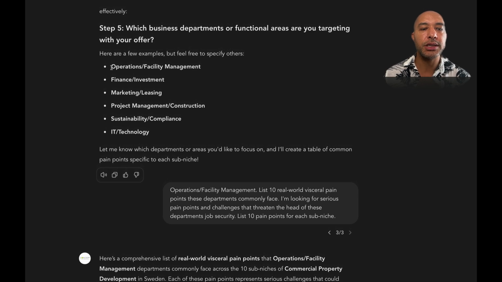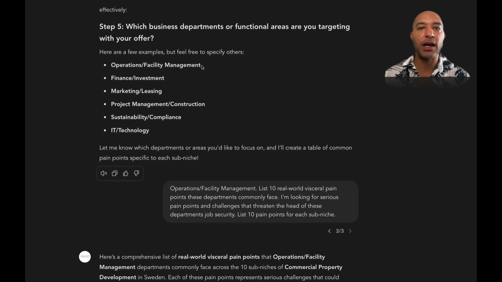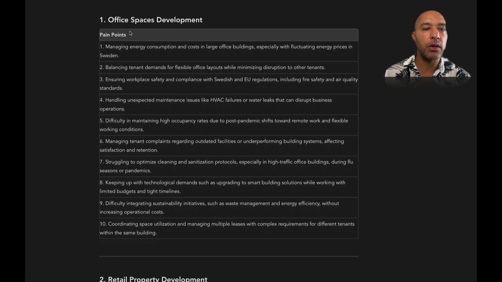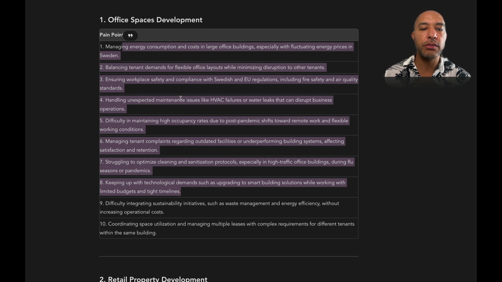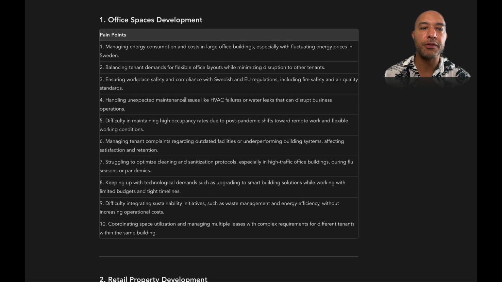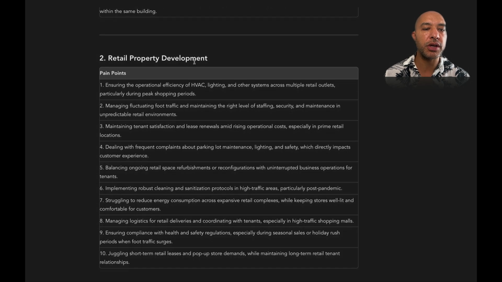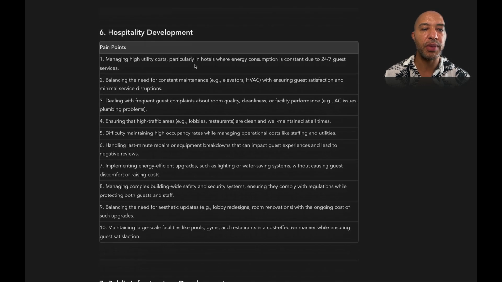So we select, in this case, operations and facility management, because we're selling an energy solution that helps with operations. Here we go, and we have the sub niche, and then we have the pain points listed out. And these are not pain points related to our offer, but general pain points that the sub niche typically faces within the department of facilities management. So we have each sub niche and its corresponding pain points.